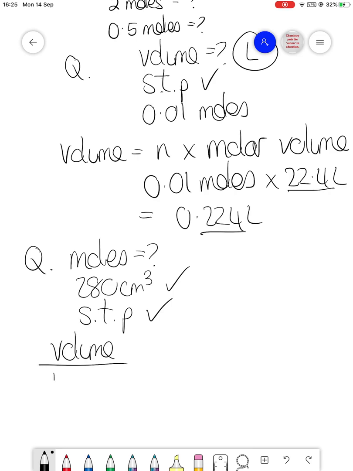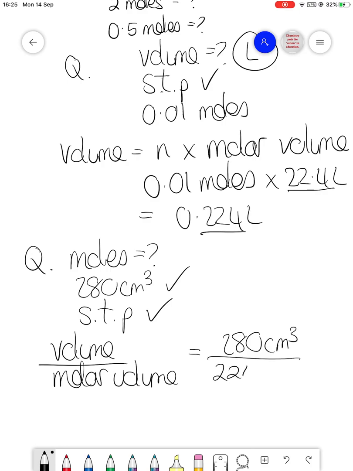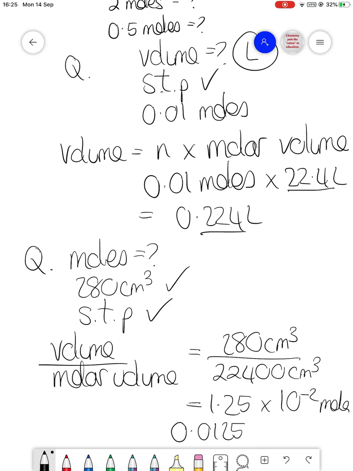So I'm trying to find moles, so I'm dividing volume by molar volume, which will be equal to 280 centimetres cubed divided by 22,400 centimetres cubed. And when I do that piece of maths, it should be 1.25 by 10 to the minus 2 moles, or 0.0125 moles.